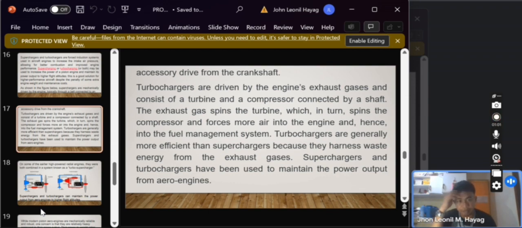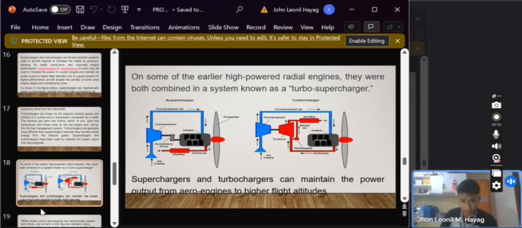Turbochargers are generally more efficient than superchargers because they harness waste energy from the exhaust gases. Superchargers and turbochargers have been used to maintain the power output from aero engines. On some of the earlier high-powered radial engines, they were both combined in a system known as a turbo supercharger. Superchargers and turbochargers can maintain the power output from aero engines to higher flight altitudes.